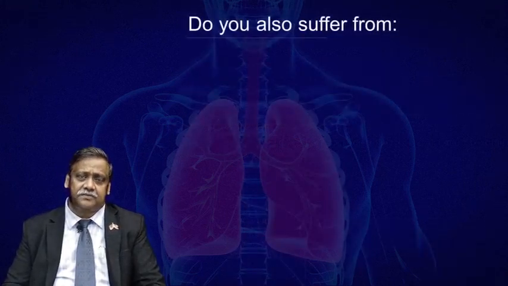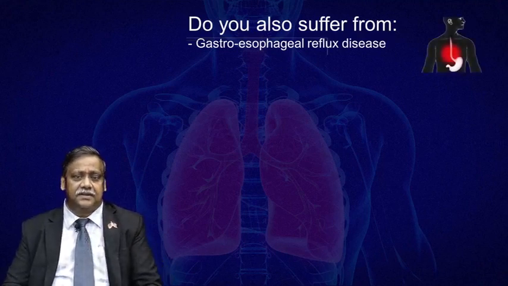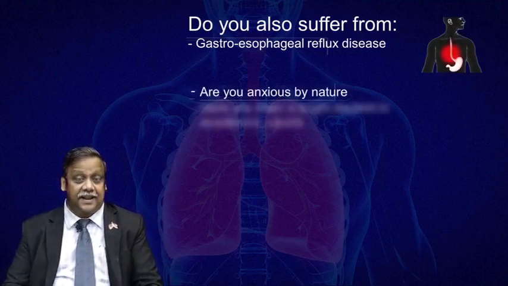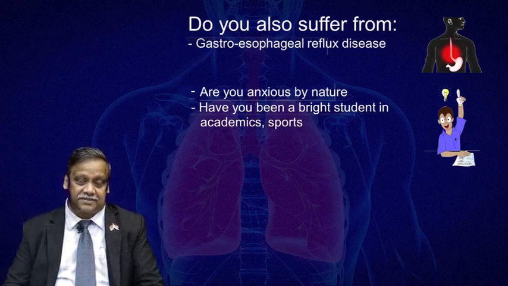Do you also suffer from gastroesophageal reflux disease, heartburn? Are you anxious by nature? And have you been a bright student in the past, or have you achieved a lot of things in your past? Why is this important? Asthma is associated with gastroesophageal reflux disease.